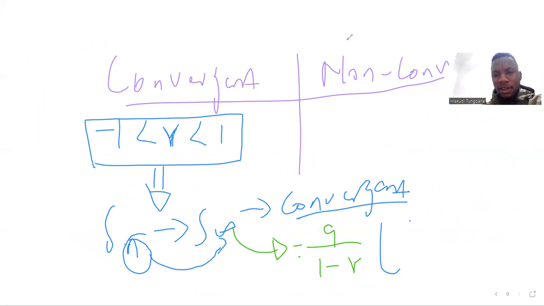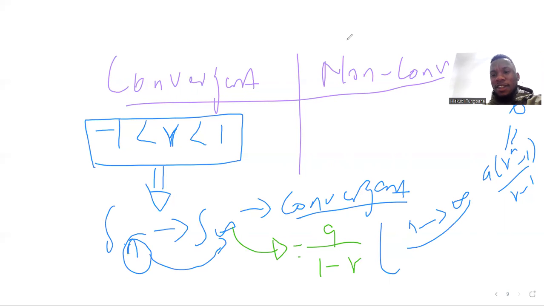As n tends to infinity in your a(r^n - 1) over (r - 1) formula, r^n will tend to 0, and then essentially you're going to have a times -1 over r minus 1.